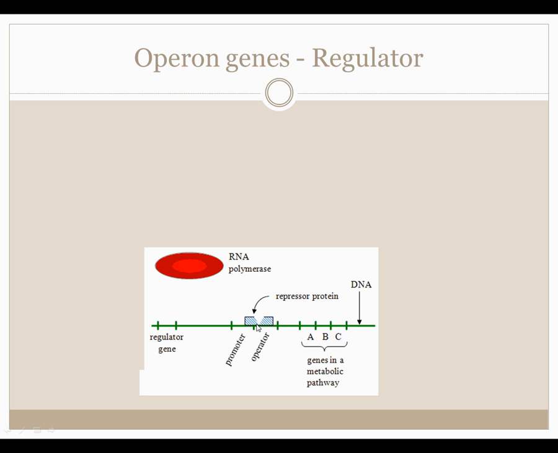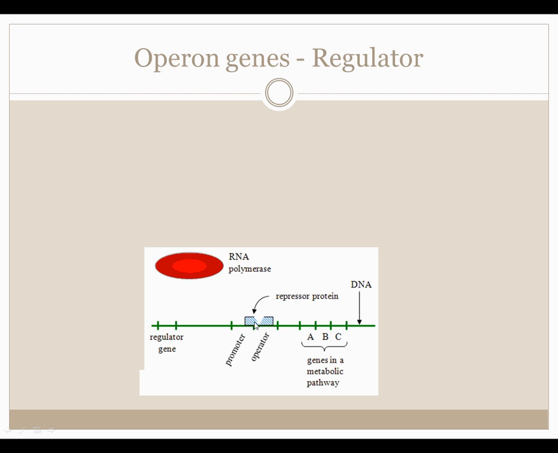And this protein blocks the polymerase from attaching to the promoter region, which is where the RNA polymerase is going to go to unwind and zip, and then ultimately decode or transcribe genes A, B, and C here.